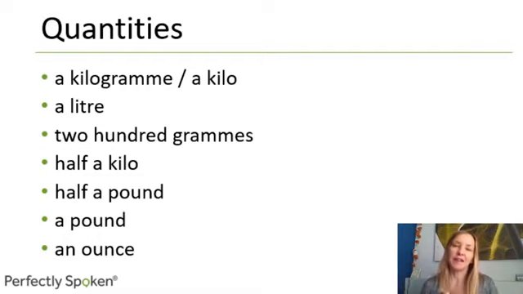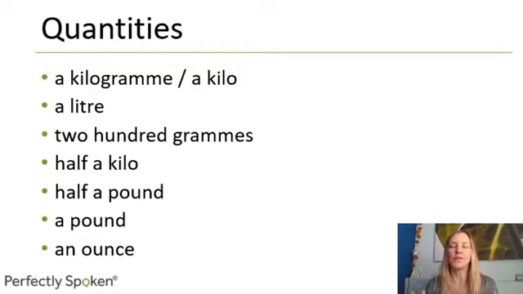And then in the UK and in the United States, we use a different way of measuring weight. So we have half a pound, and an ounce. Okay, so ounces are very small units. Pounds are bigger, and obviously half a pound is bigger.